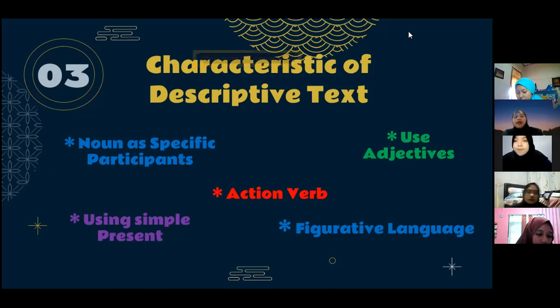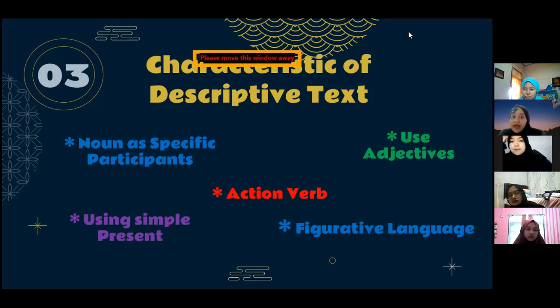Then in the descriptive text, they always use the simple present because it describes at that time. It's not like the Borobudur text or My Little Kitten, because sometimes they use the simple past. But in the descriptive text, we can always find that they use the simple present.